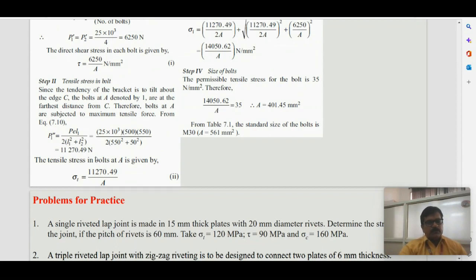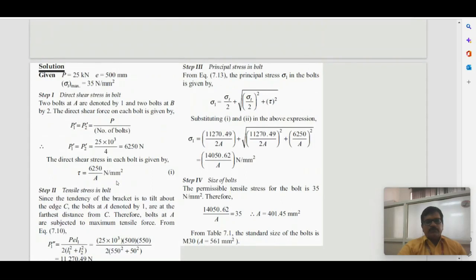11,270.49. We know that the bolts at the maximum distance will be subjected to the maximum amount of secondary force, that is tensile force. So this is maximum because L1 is at the greatest distance from the tilting edge. So now the tensile stress is equal to tensile force upon the area, and then the principal stress in the bolt is equal to the tensile stress by 2 plus the root of tensile stress by 2 whole square plus tau square.